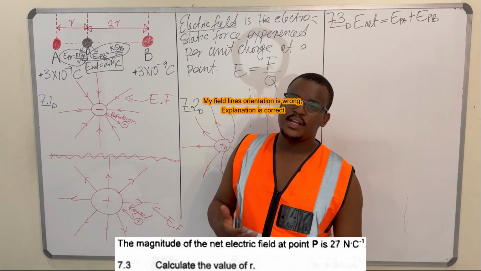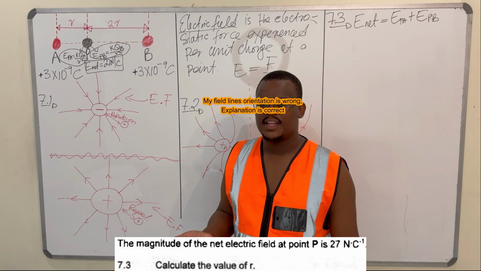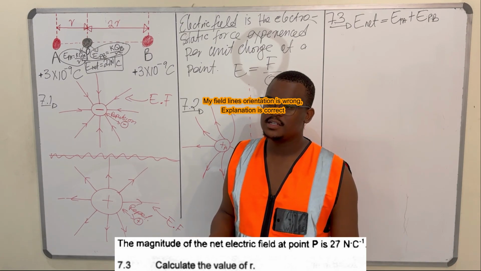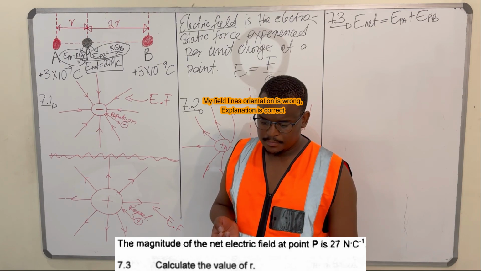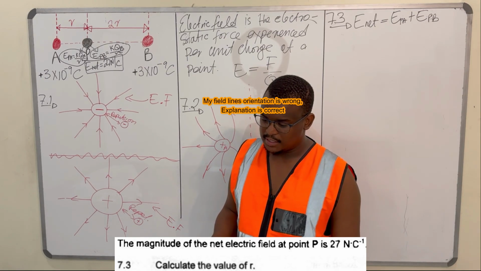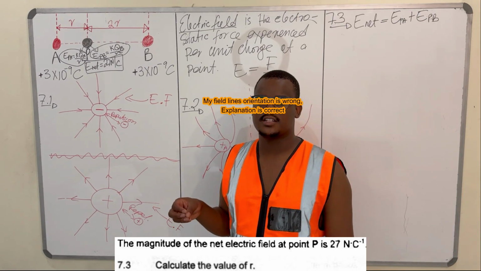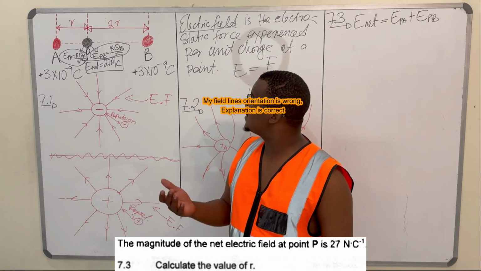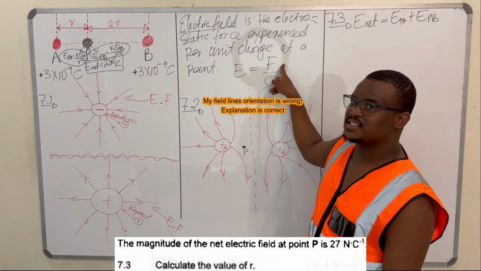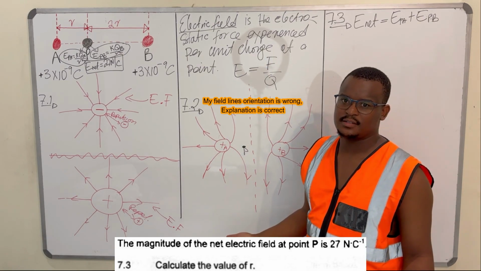It is important to keep in mind that an electric field is a vector quantity, because you defined it as an electrostatic force experienced per unit charge. Force is a vector and charge is a scalar, so the whole thing is a vector quantity.